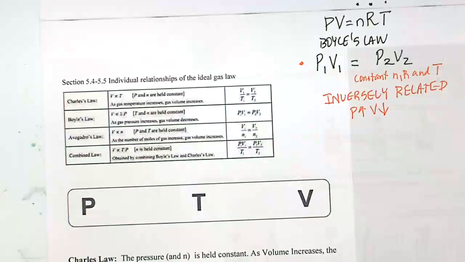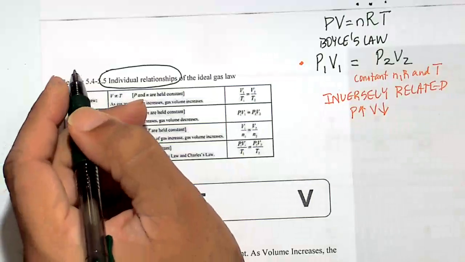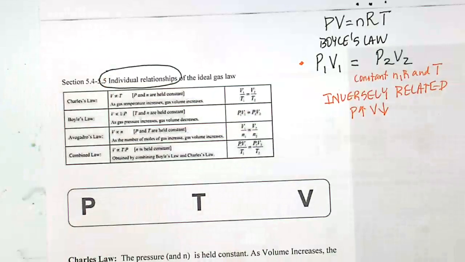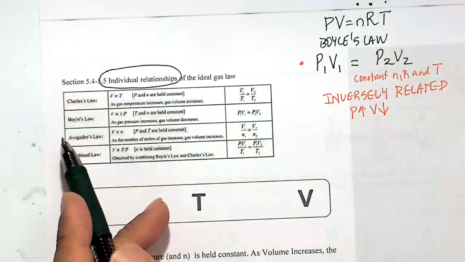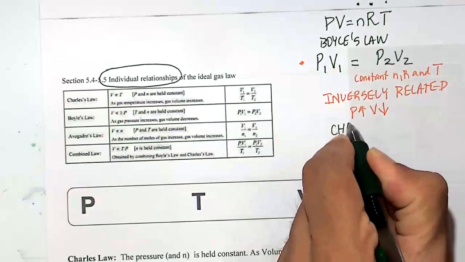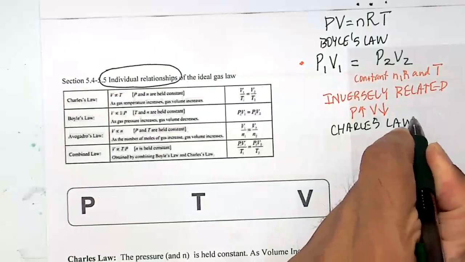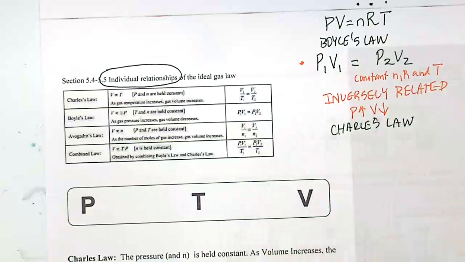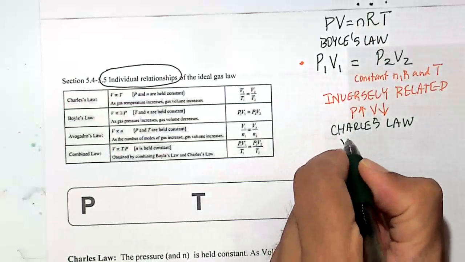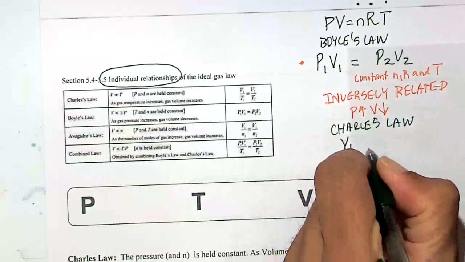The other individual laws are going to be direct. One of them is called Charles' law. I have a volume V1 at some temperature T1.